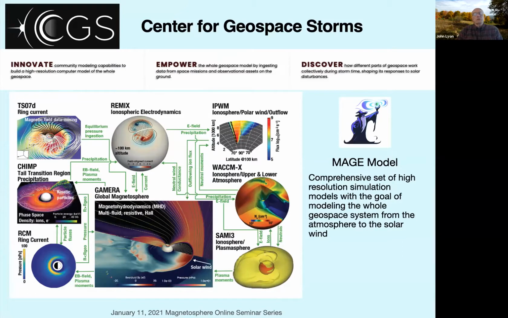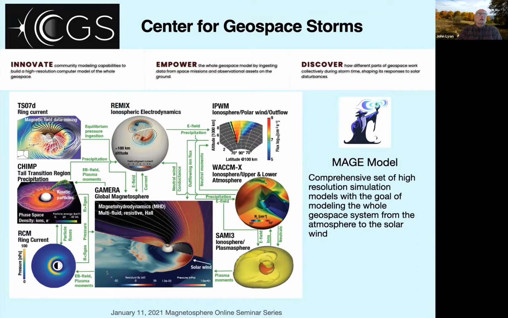Okay, so moving now to the major thrust of our efforts, which is the Center for Geospace Storms. What we're mostly dealing with here is the MHD model, which you've seen this sort of thing before from SWMF and also from CISM back in the day, of a whole set of coupled models together.